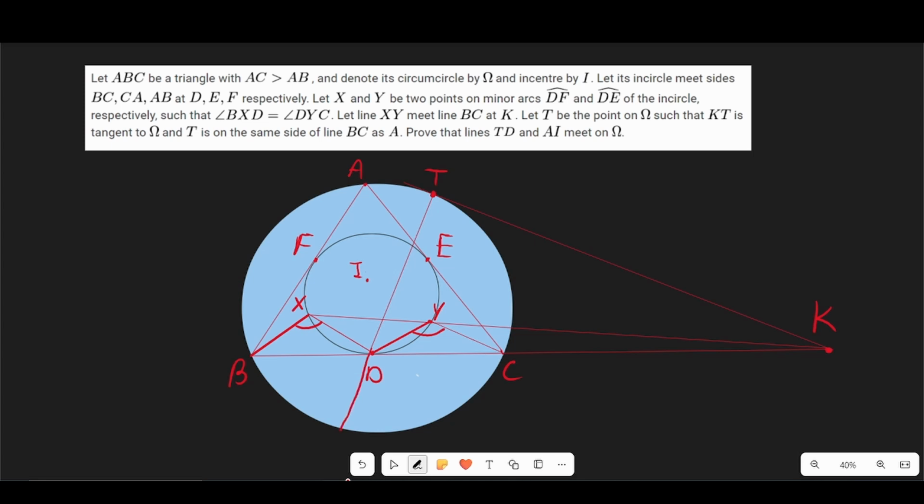To show this, the first step is to notice that BXYC is cyclic. Now we use our given statement that angle BXD equals some alpha and angle DYC is also alpha. If we use the tangency formula, angle XDB equals angle XYD, so this would also be beta.